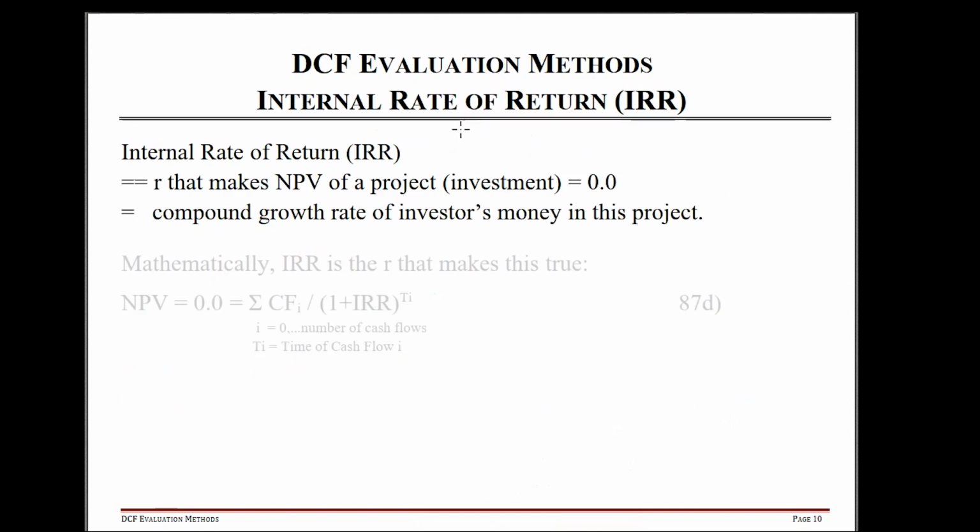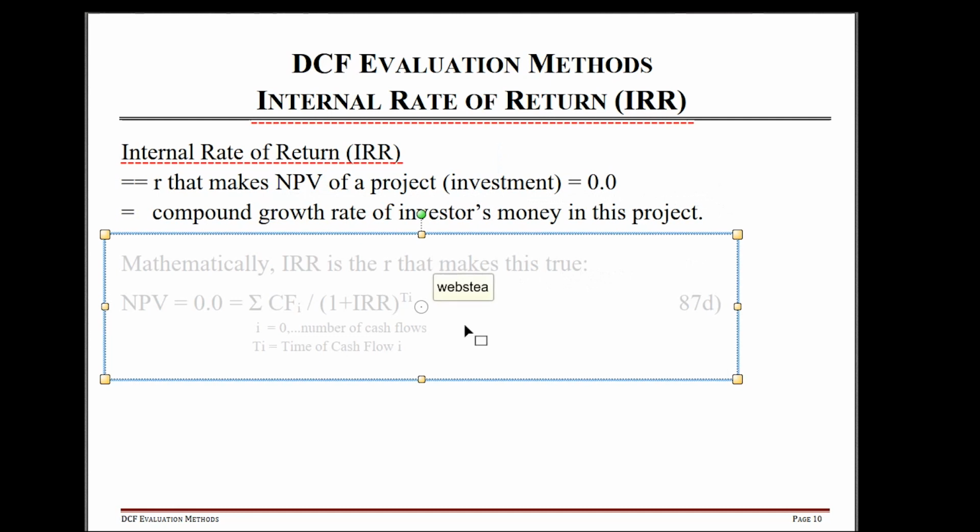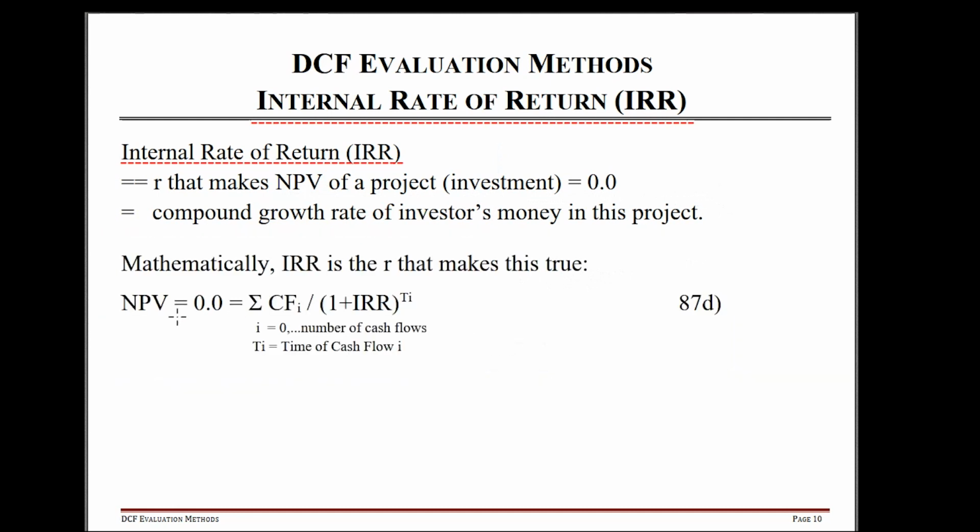And our third and final, for us, discounted cash flow evaluation method, we looked at the internal rate of return method, or the IRR method. So first we had to define what we meant by an internal rate of return. And an internal rate of return is just the discount rate or the interest rate that makes the NPV of a project equal to 0. And mathematically, how are we gonna make that work? We're just gonna go back to our NPV equation, and we're just going to set it to 0.